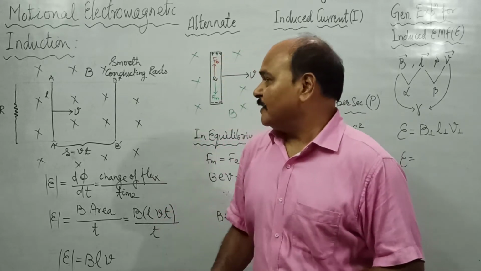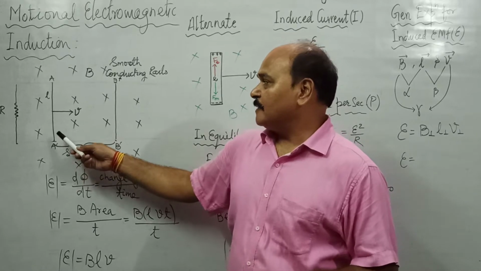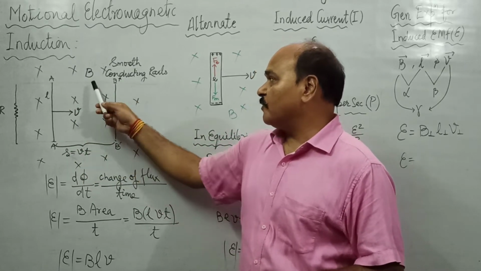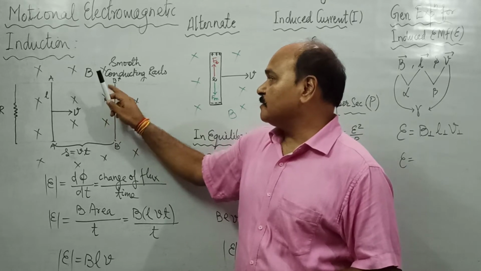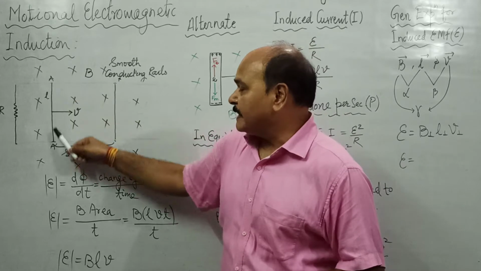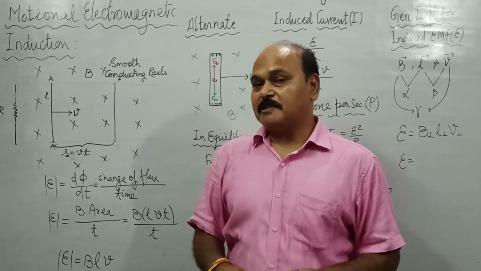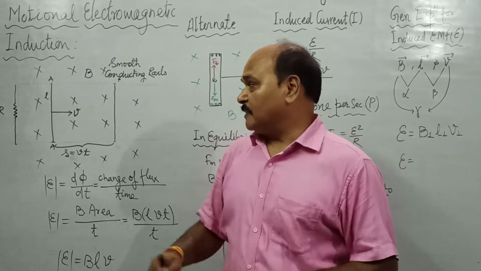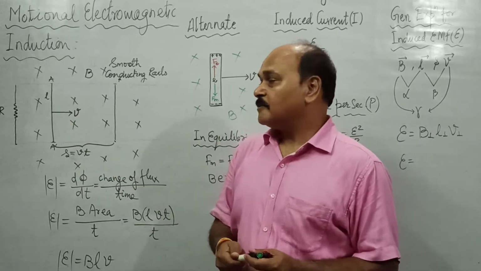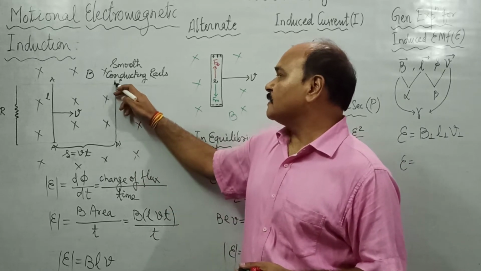Well, we have a straight conductor of length L, and it is moving in a transverse magnetic field. This is B, uniform magnetic field, and the conductor of length L is moving towards right with constant velocity V. There is going to be a potential difference induced across the ends of this conductor.